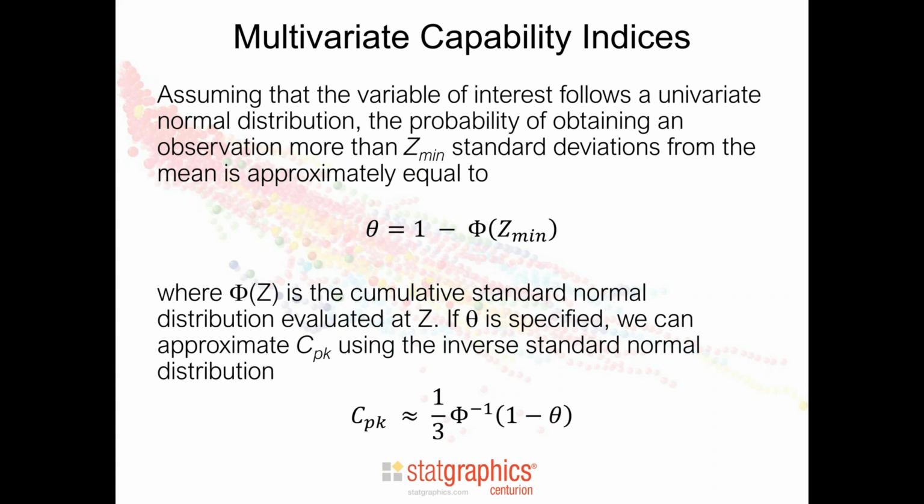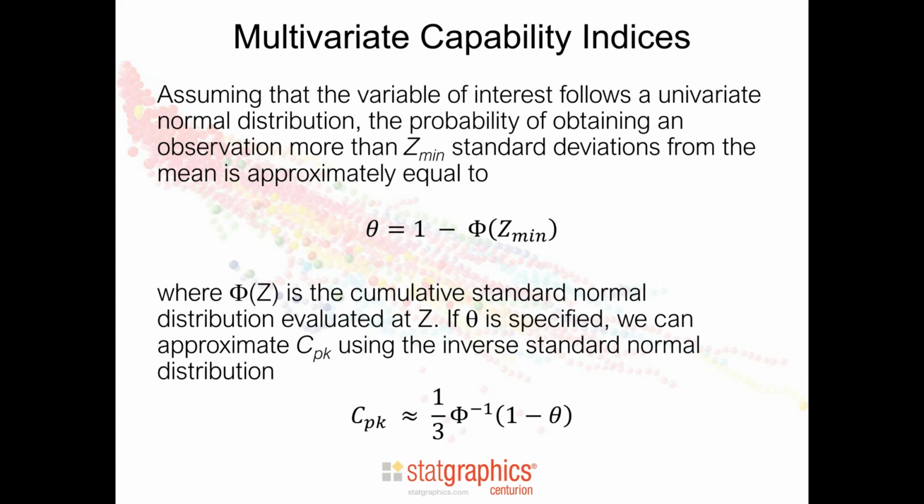You may be off-center to the left or off-center to the right, so that one or the other of the specs dominates the probability of being out of spec. So we get a reasonable approximation for the probability of being out of spec if we take 1 minus the cumulative standard normal distribution evaluated at Z-min.